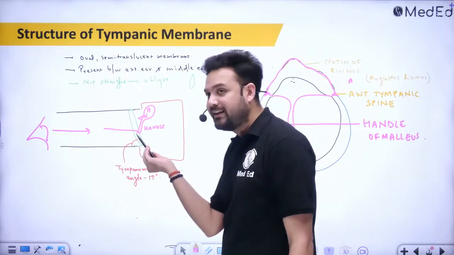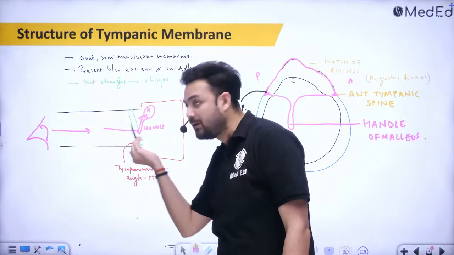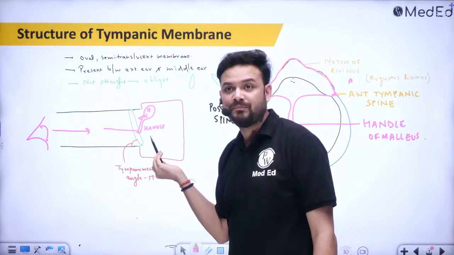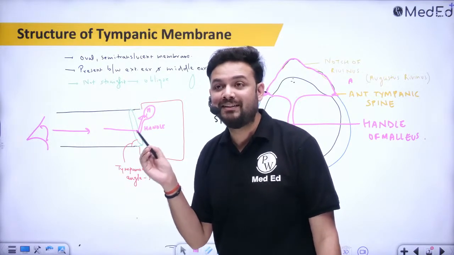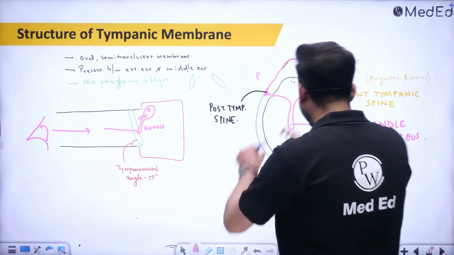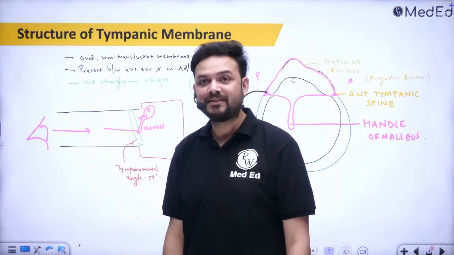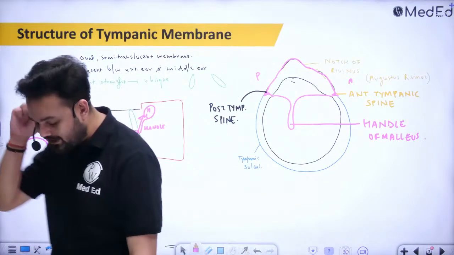So we see only one ossicle, the handle of the malleus. Why? Because we are seeing from outside. This is the view. I am showing you this image in all dimensions. When you see from the front, you will see this. When you see from the side, it is this. This is what exactly you should know. Okay, fine.